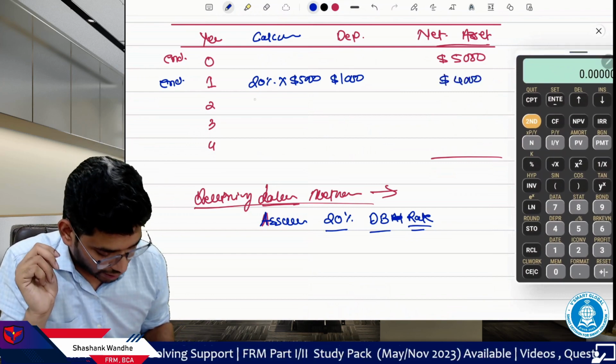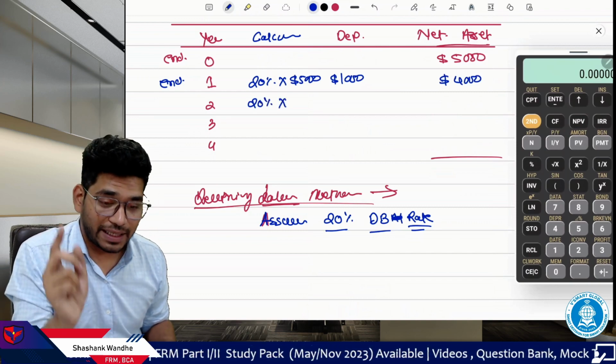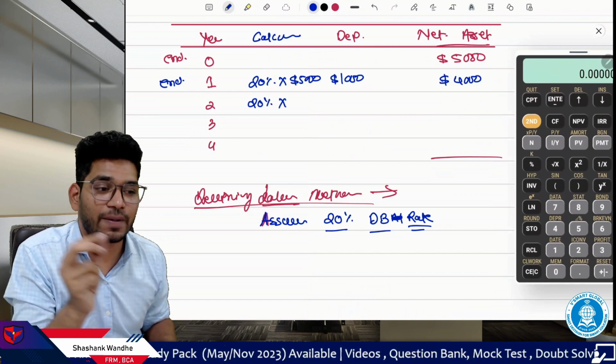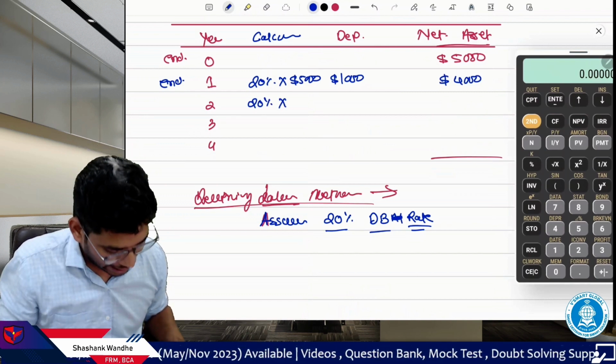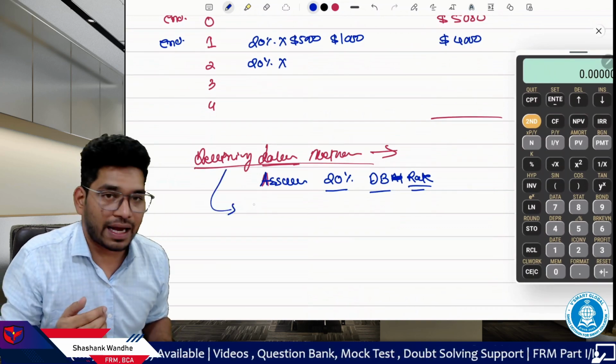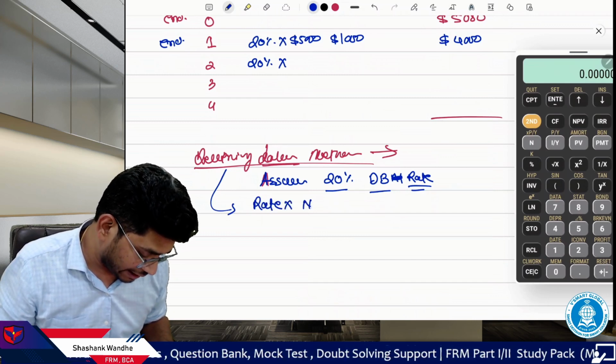Now for the next year, please note, 20% is not on 5,000. 20% is charged on net balance, and that's the difference in declining balance method. So in declining balance method, we charge rate on net asset.